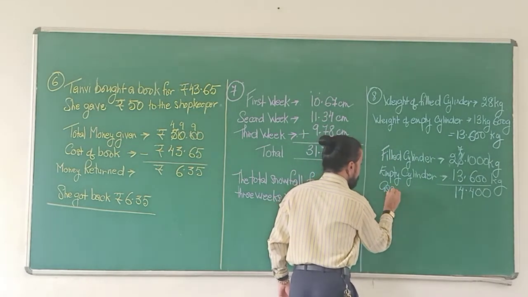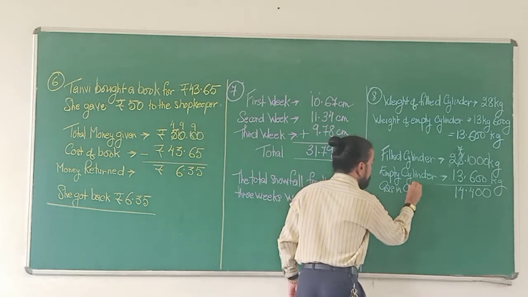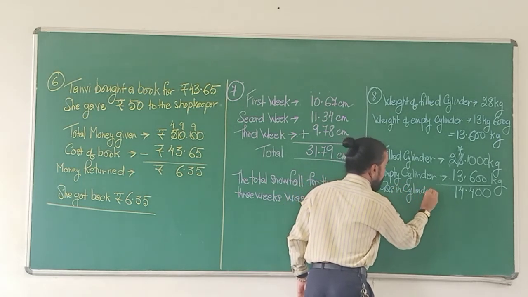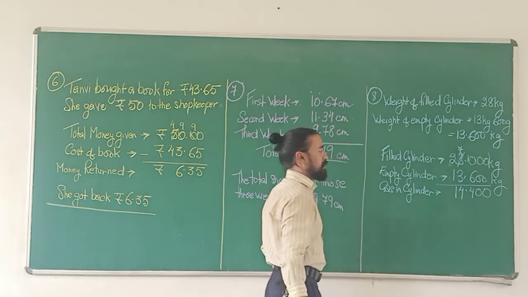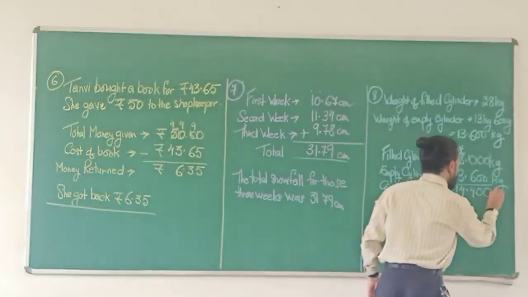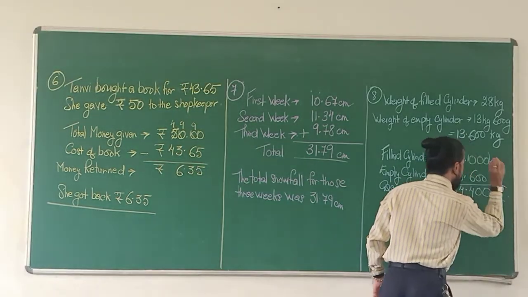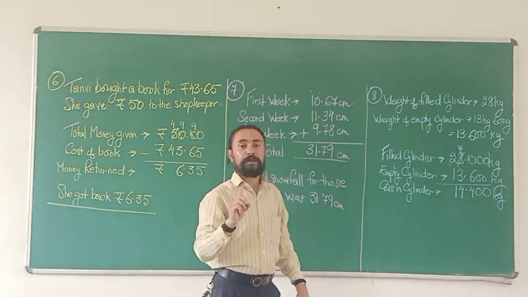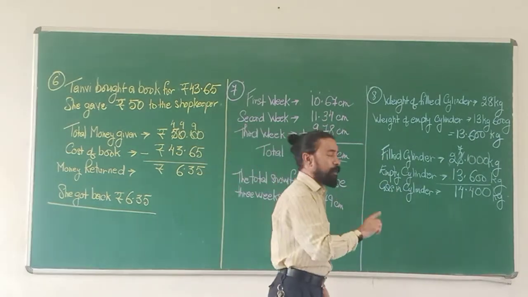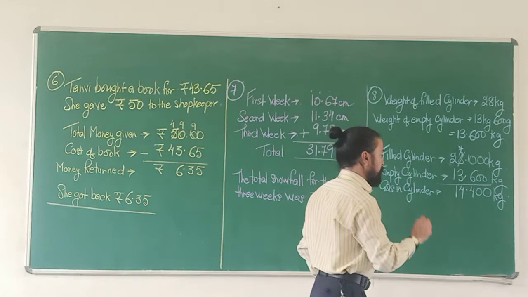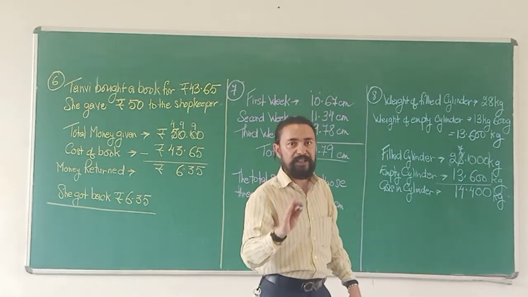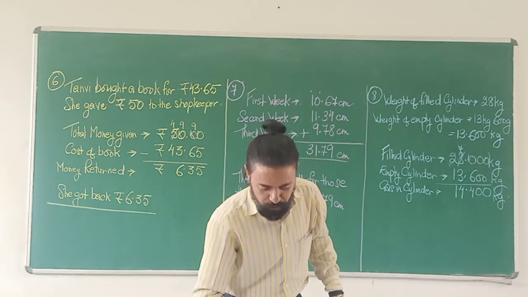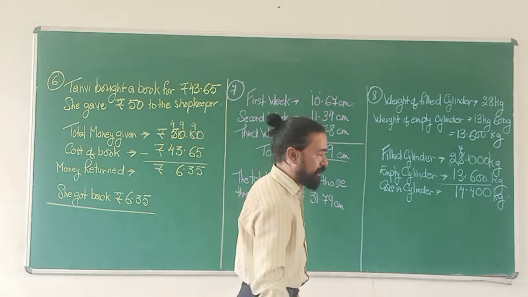gas in cylinder. The weight of the gas in the cylinder is 14.400. We never say 400. 14.400 kgs or 14.4 kgs also you can say. So they have asked find the weight of the gas contained in it.